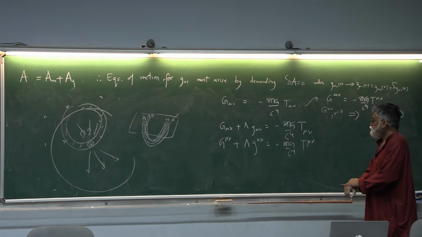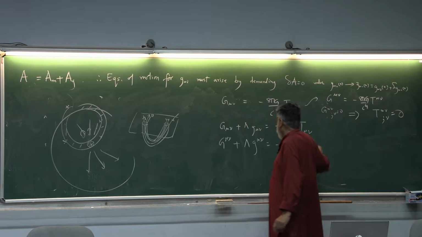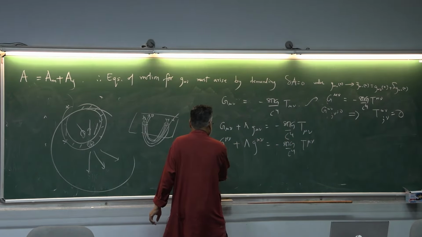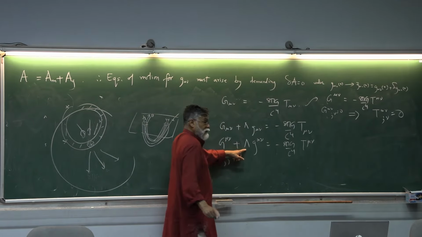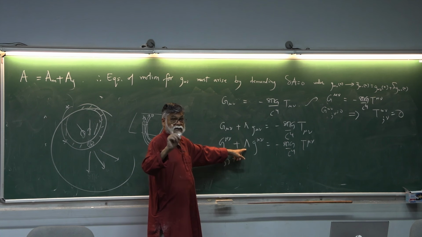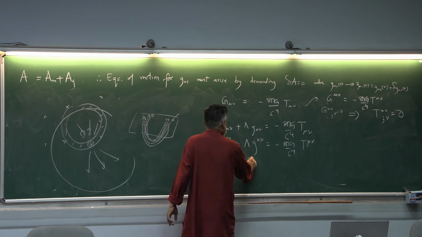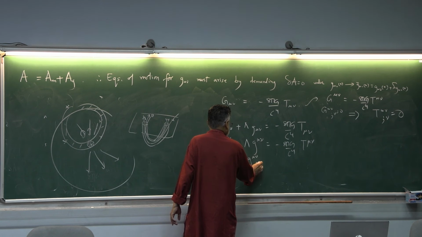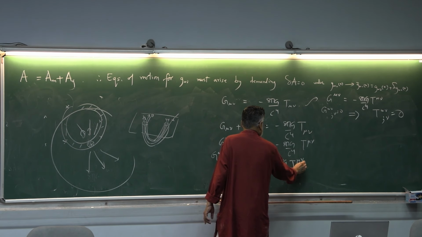Okay? So you can raise the index. Now you see, if you take covariant derivative on both sides, g mu nu semicolon nu, lambda is a constant. If lambda is not a constant, what I am saying is not going to happen. If lambda is a constant, you will get lambda g mu nu semicolon nu plus minus 8 pi G by c^4 T mu nu semicolon nu.